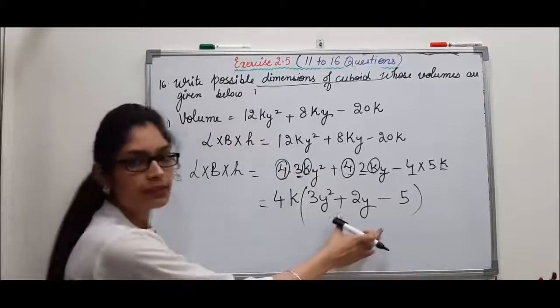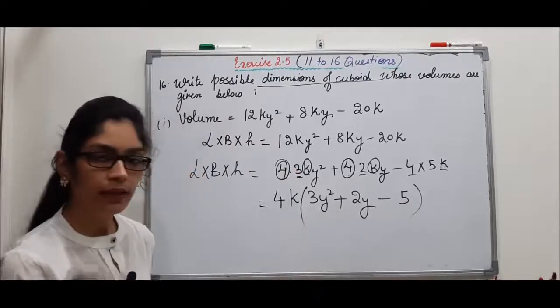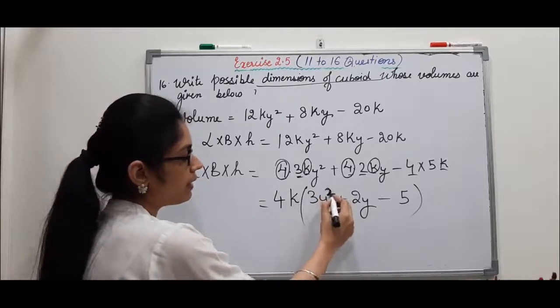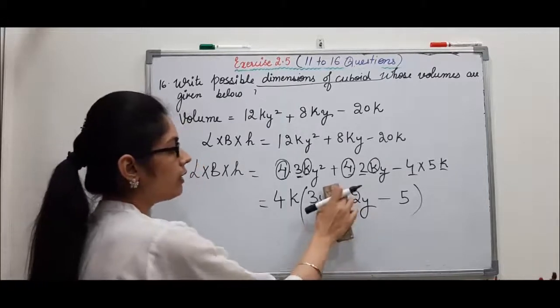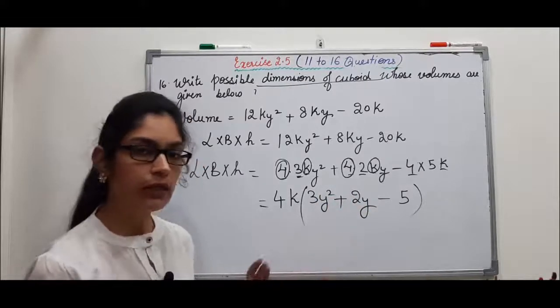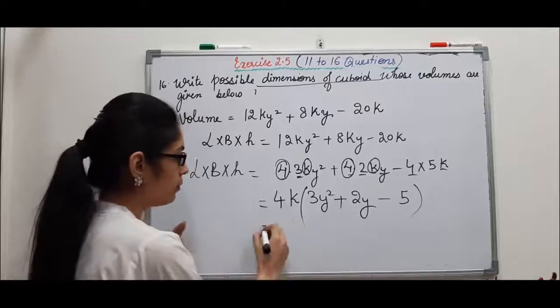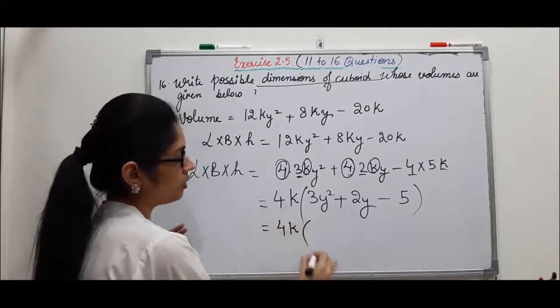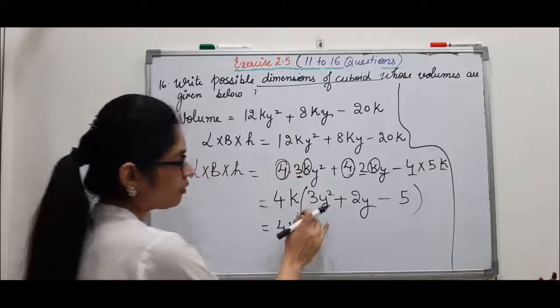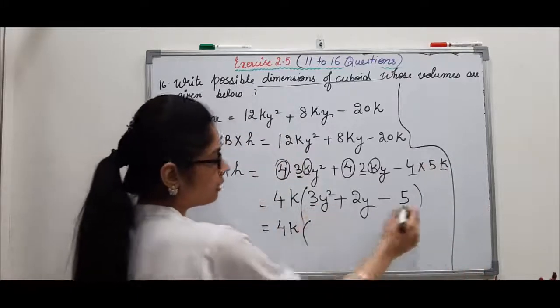If you see this expression, again it is a quadratic equation. The variable is y and the highest degree of the variable is 2, which means it is a quadratic equation. This quadratic equation we can solve by splitting the middle term. Same way we have to do. First we will write the product of first and last term.